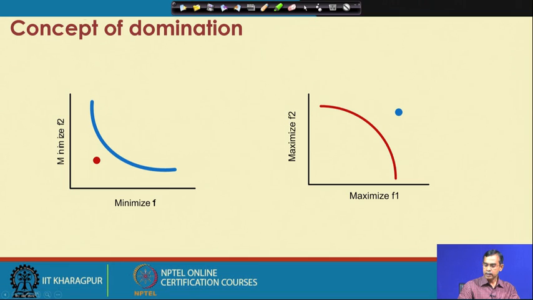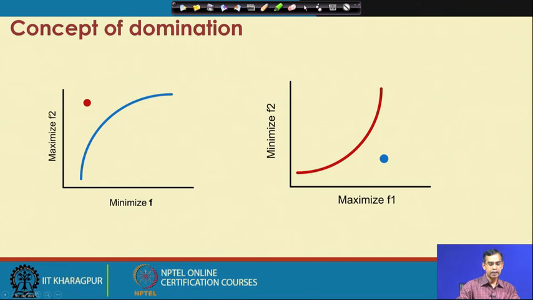Okay, fine. The same thing can be extended for the other cases, minimize and maximize, and maximize and minimize. These solutions dominate any other solutions here, but all the solutions which lie in this region are non-dominating. So this is the concept of domination.